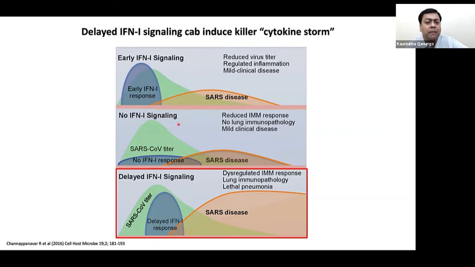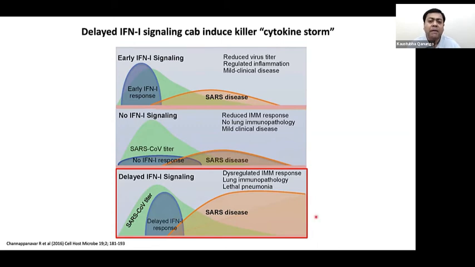Even if you make a mouse which doesn't have any IFN signaling, no IFN response, that doesn't even kill these mice. No lung immunopathology, mild clinical disease. Your other parts of your cytokine responses can clear the viruses. But here you can clearly see that the delayed IFN response caused this cytokine storm.